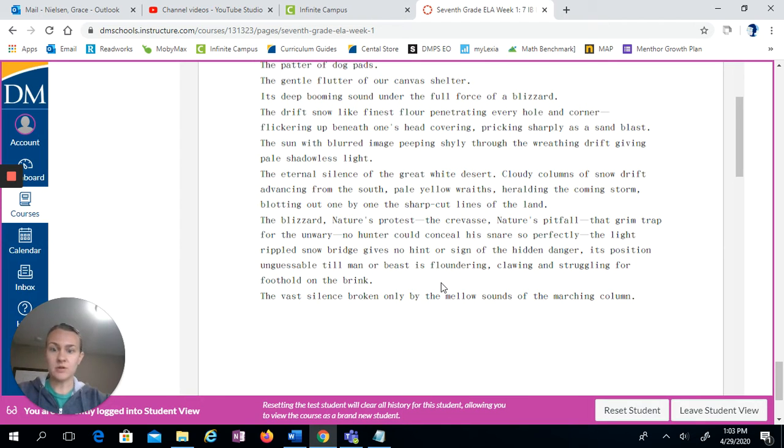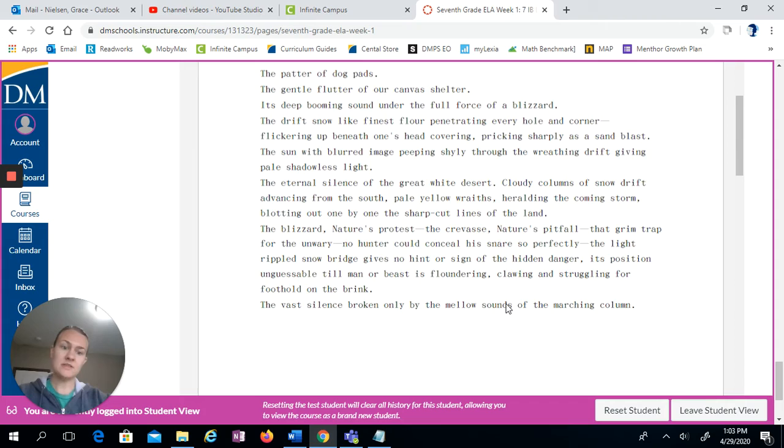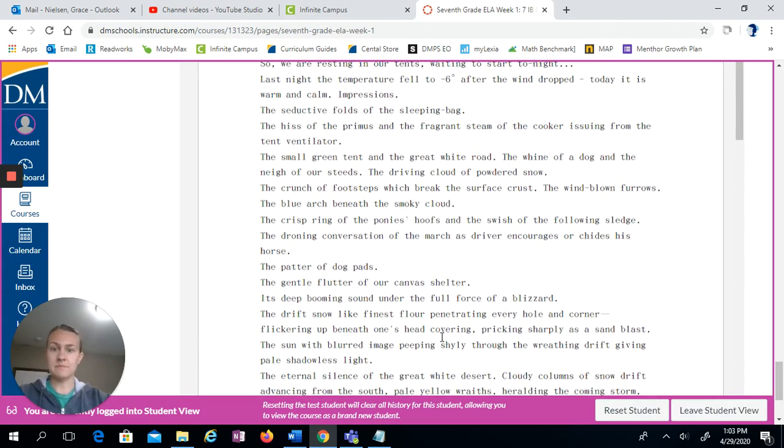The light rippled snow bridge gives no hint or sign of the hidden danger. Its position unguessable, till man or beast is floundering, crawling and struggling from foothold on the brink. The vast silence broken only by the mellow sounds of the marching column.